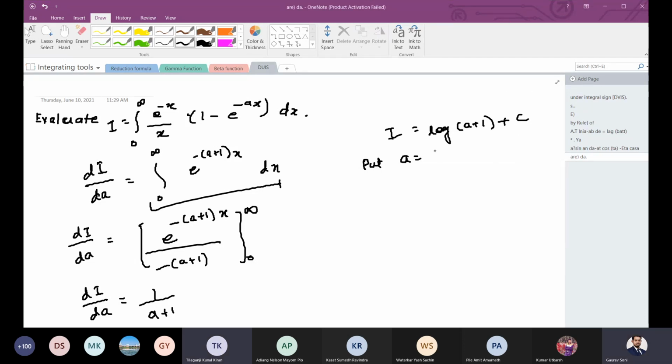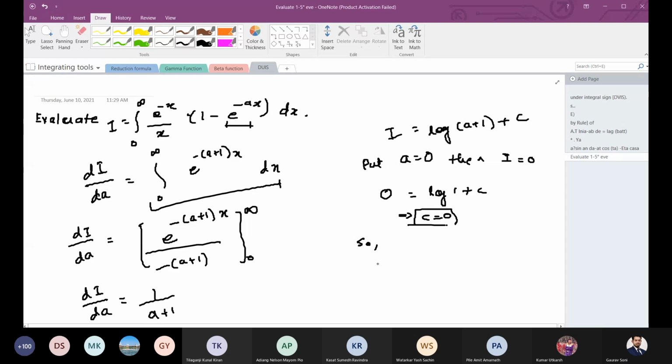Yes. So put a equal to 0. Then you can see that e raised to 0 will turn out to be 1. 1 minus 1, 0. So I becomes 0. So 0 is equal to log of 1 plus c, which tells me c equal to 0. So I is equal to log of a plus 1.